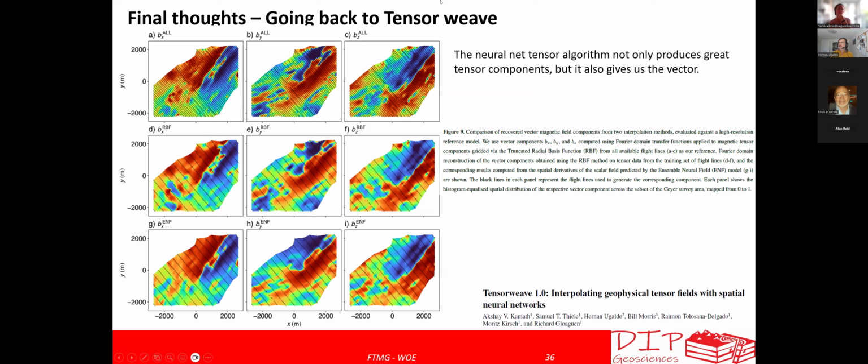So again, this was the data. These were the vector components using just RBF, and this is the vector components that he derived from his algorithm, which are way cleaner as well. And once you have these vector components, you can start playing games with remanence and things like that as well.